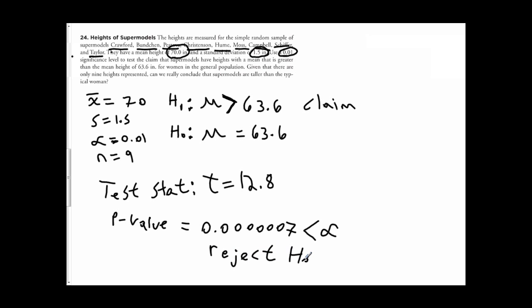And because we're rejecting the null hypothesis, we're actually doing it in favor of the claim. We're rejecting this hypothesis, which means the other hypothesis is probably true. So there is sample evidence to support the claim that the mean height of supermodels is greater than the mean height of the general population of women.